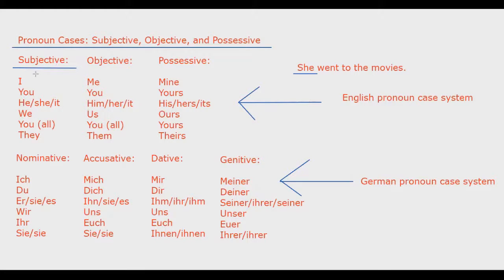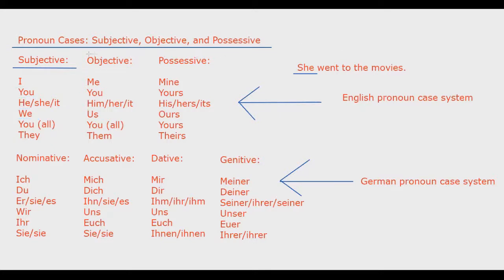When you want the pronoun to be the subject, here's how you decline it: I, you, he, she, or it, we, you or you all, and they. That's how you would mark the subjects for pronouns. Pretty straightforward.